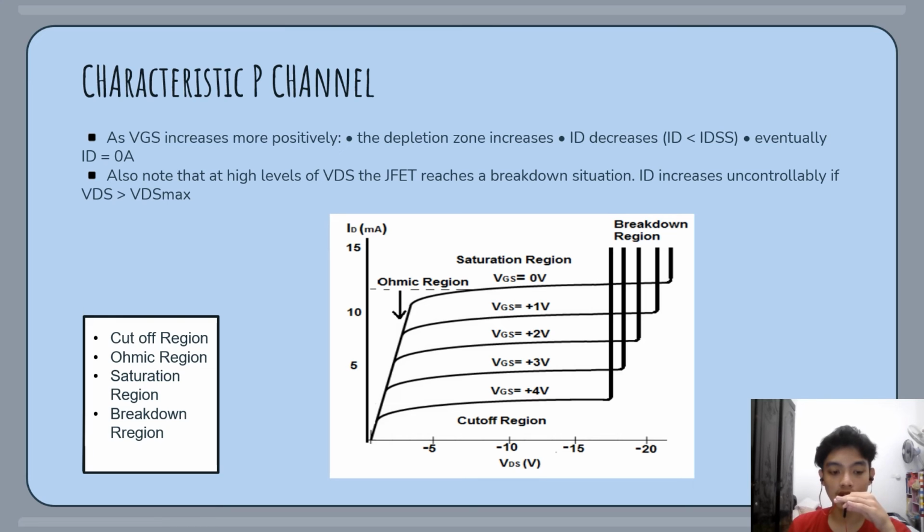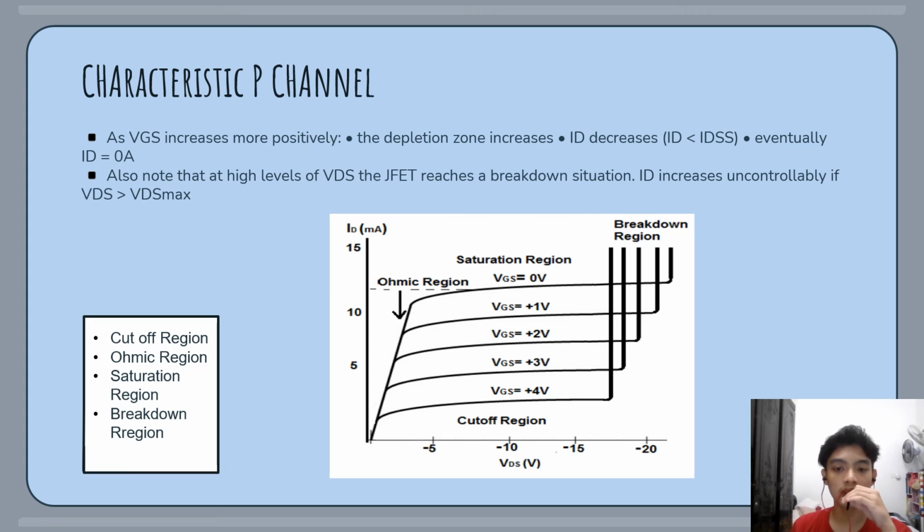Here we have a cut-off region, ohmic region, saturation region, and breakdown region. Cut-off region is the region where the JFET transistor is off, meaning no drain current ID flows to the source-drain region. Ohmic region is a region where the JFET transistor begins to show some resistance to the drain current ID that is beginning to flow to the source-drain region.